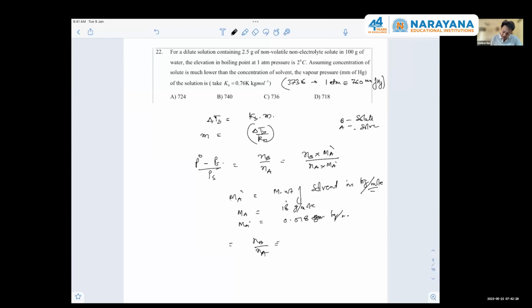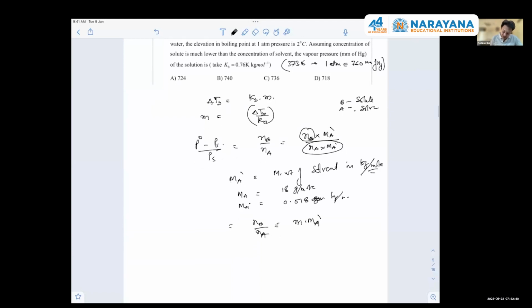You can clearly see this quantity divided by this quantity will be the molality, small m, into MA dash. So you simply get small m into MA dash, then (760 minus P), the vapor pressure which has been lowered, upon P is equal to this small m into MA dash.